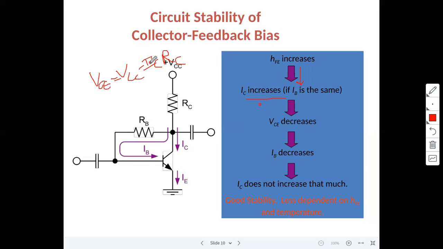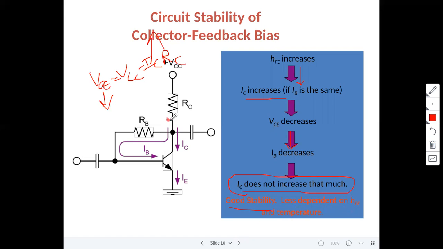Now IC increases, which means VCE decreases. As VCE decreases, IB also decreases, and IC also decreases, but IC does not increase that much compared to fixed bias. It is less dependent on HFE and temperature, so good stability compared to fixed bias.